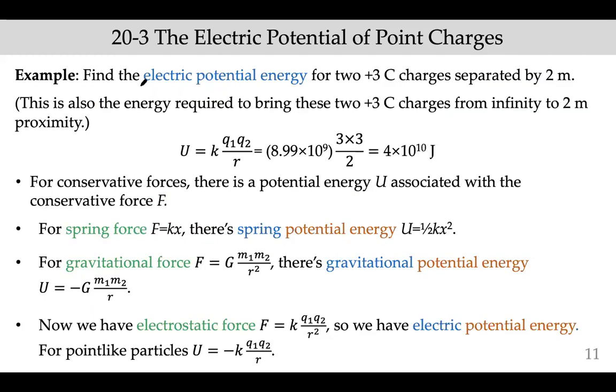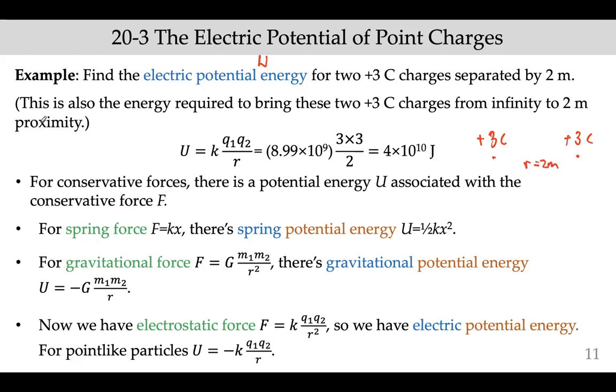Now, here's an example. Find the electric potential energy U for two plus 3 coulomb charges separated by 2 meters. So we have a 3 coulomb charge here and another 3 coulomb charge here. They're both positive and they're separated by a distance of 2 meters.